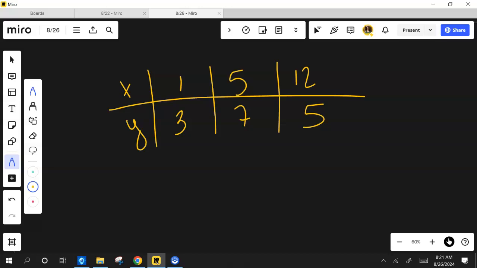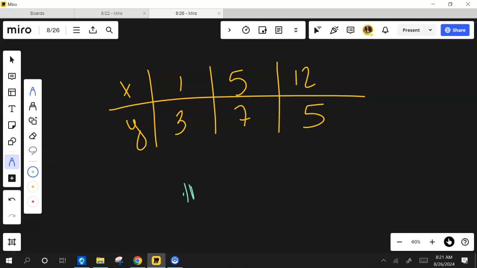If I asked you to find the instantaneous rate of change at 7, when x equals 7, and this is all I gave you, there's no way to find instantaneous here, right? Do we all agree? Yes. But I can use AROC to estimate the instantaneous, and that's what I do.